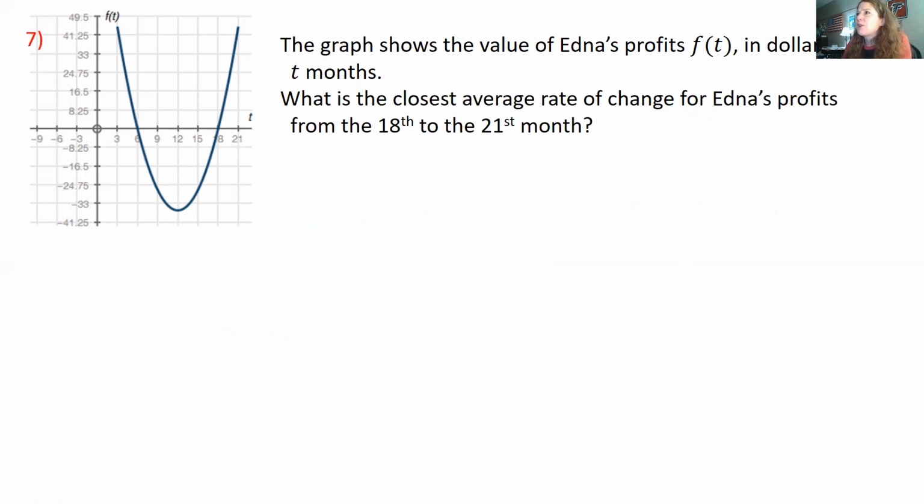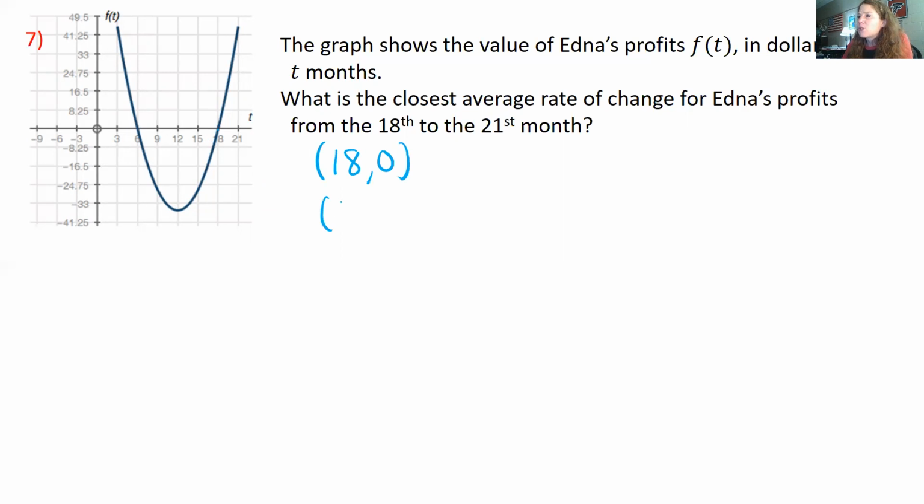All right, number 7. The graph shows the value of Edna's profits in dollars after t months. What is the closest average rate of change for Edna's profits from the 18th month to the 21st month? So we're looking at the 18th month. In the 18th month, Edna made 0 profit.